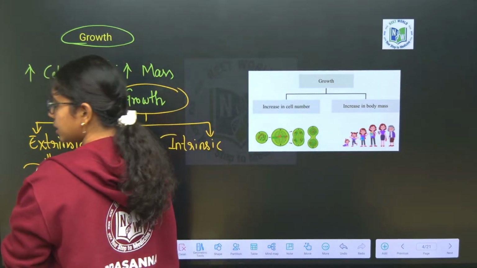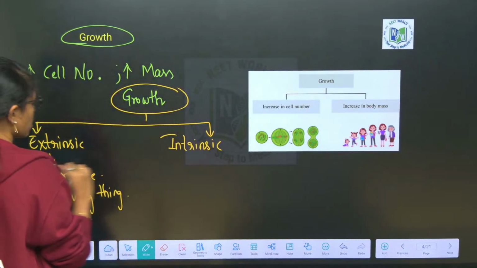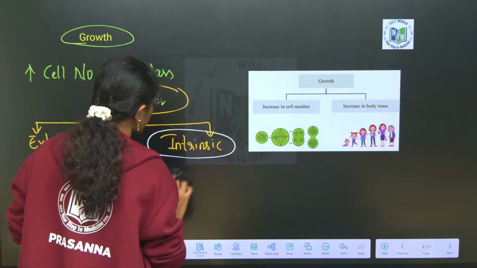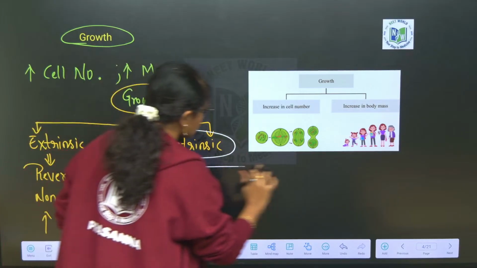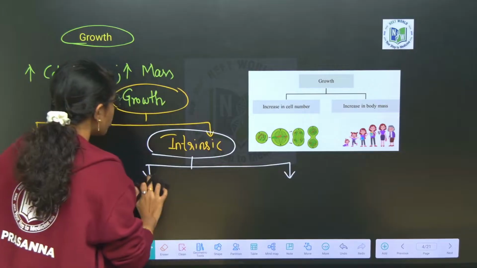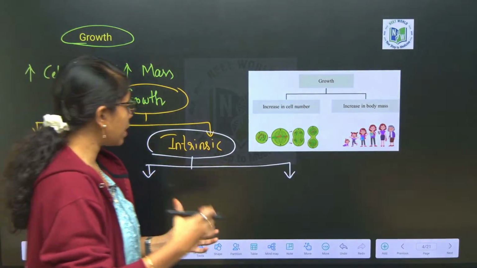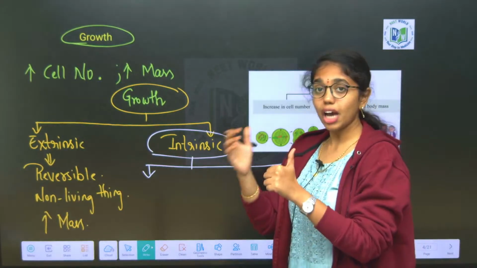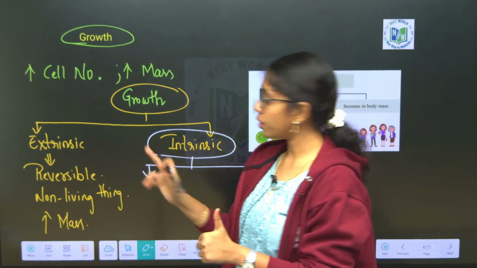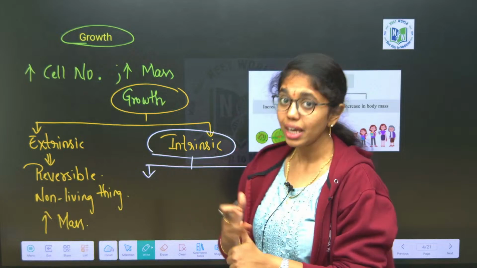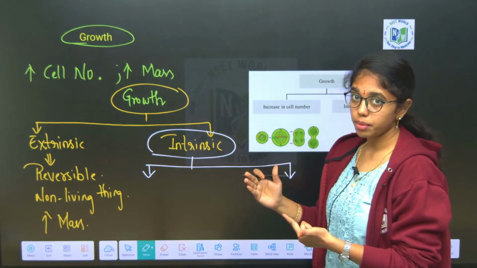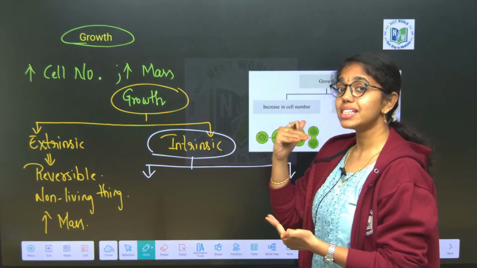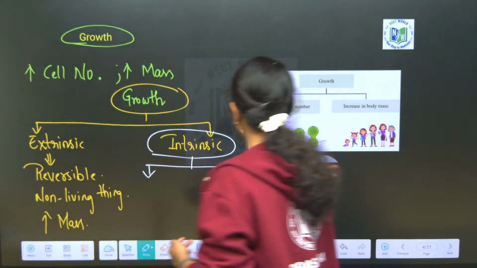So, listen to this carefully. Intrinsic growth occurs in the living body, and this growth is irreversible. Here we can see both increase in cell number and increase in mass.